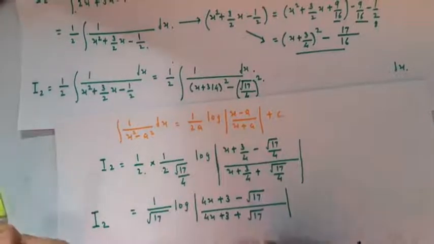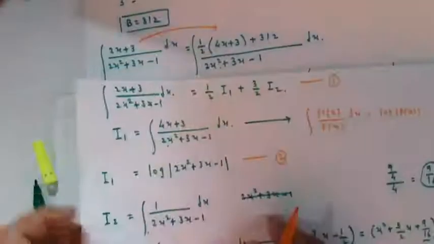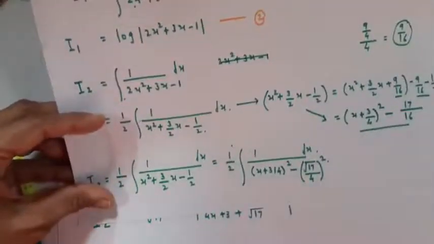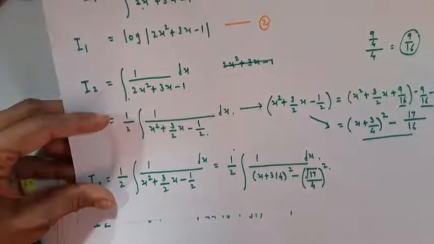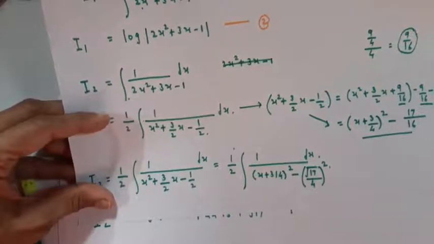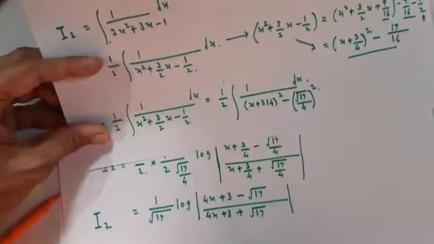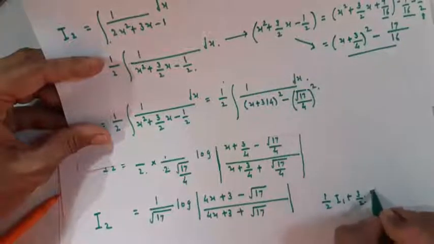Okay, and now put the values in the given integral, that is, in 1 put the value of I1 and the value of I2. Okay students, therefore the integration of 2x plus 3 upon 2x square plus 3x minus 1 with respect to x is 1 by 2 I1 plus 3 by 2 I2.